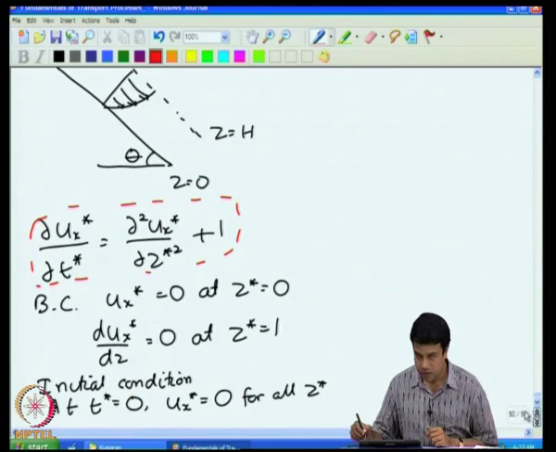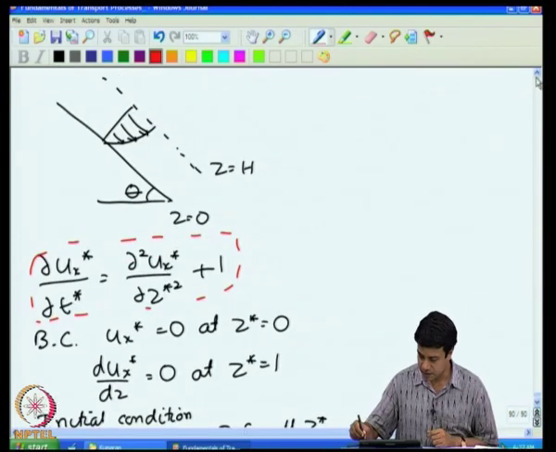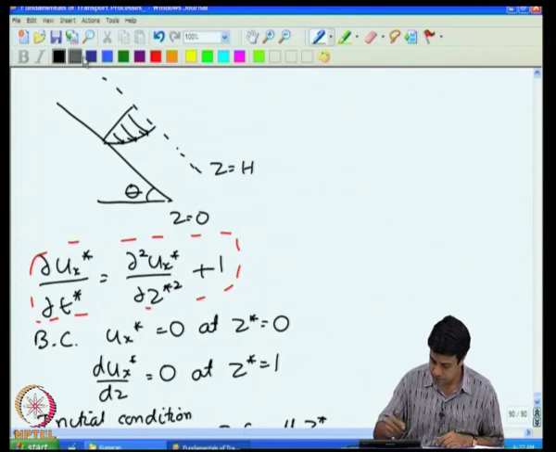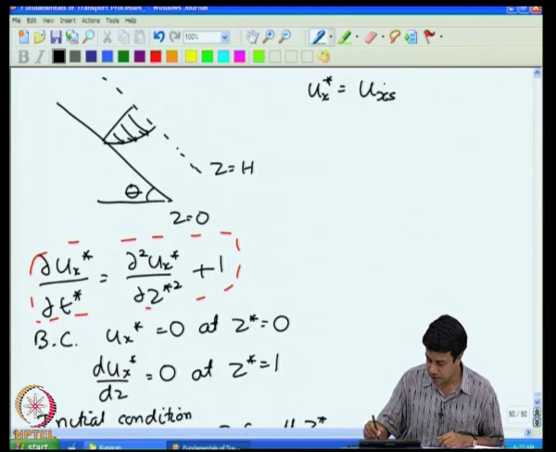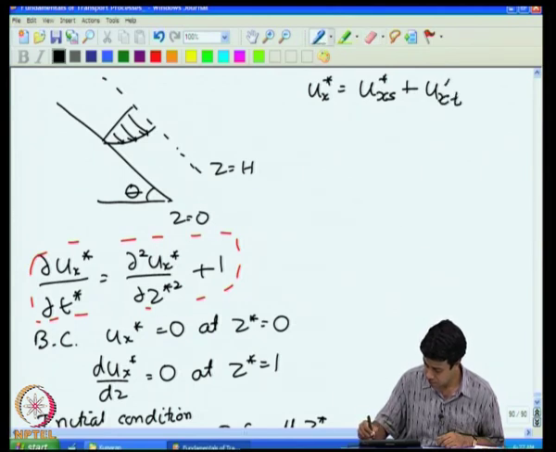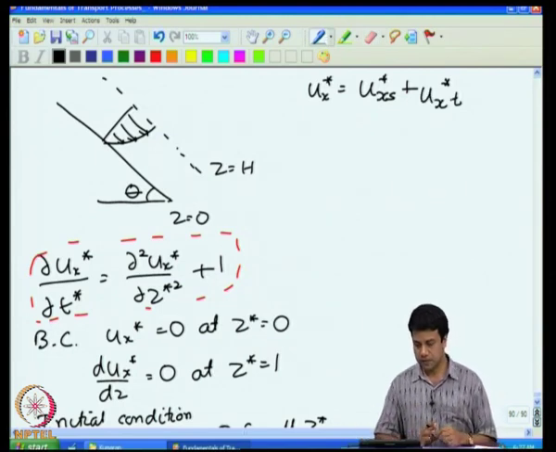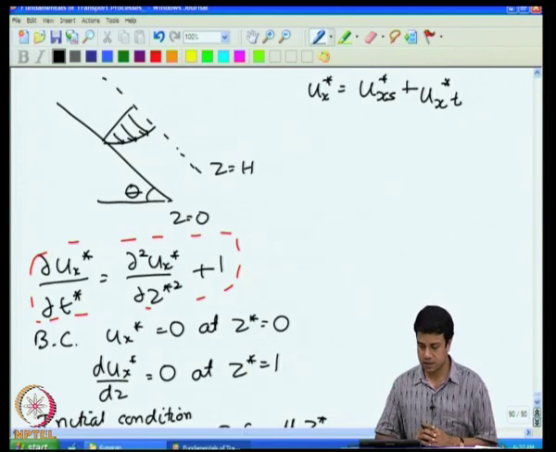So, as in the previous case, I will separate ux into a steady part plus a transient part. So, I separate the velocity profile into a steady part plus a transient part.